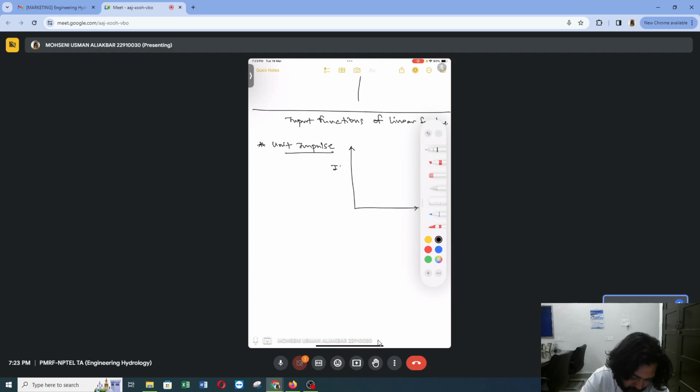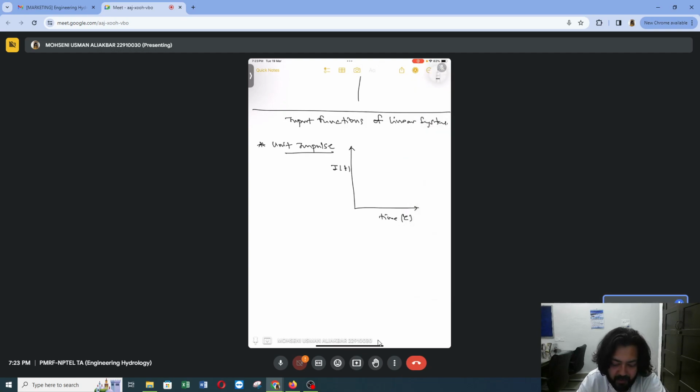So this is input with respect to time, and this is time given by tau. So an input impulse means at any instantaneous time we apply a unit impulse. This is a unit impulse which is applied instantaneously at any given time tau.